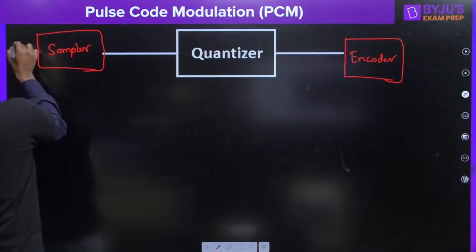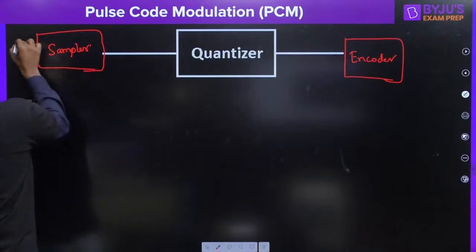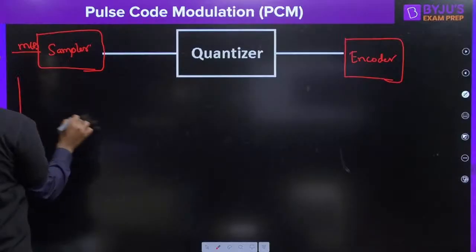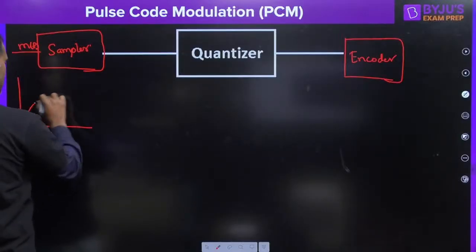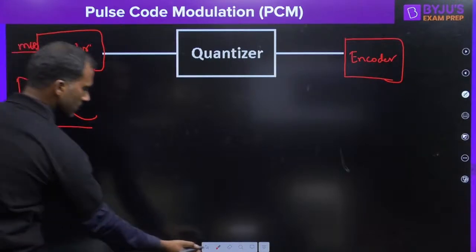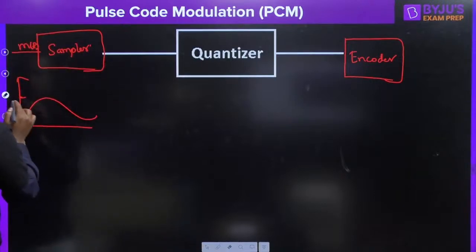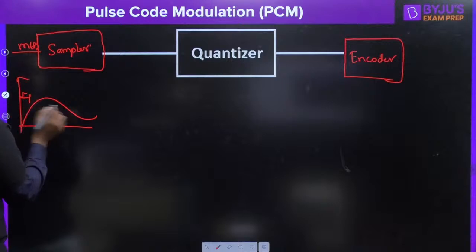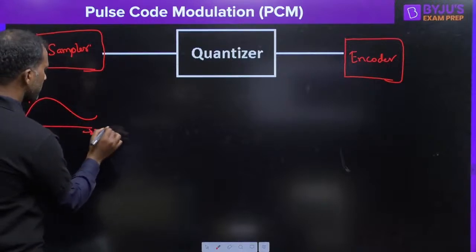So we know what we have here. We have just discussed what is happening here. There is a signal m of t, something like this. Let me say the highest voltage is something like 4 volts, as a function of time.